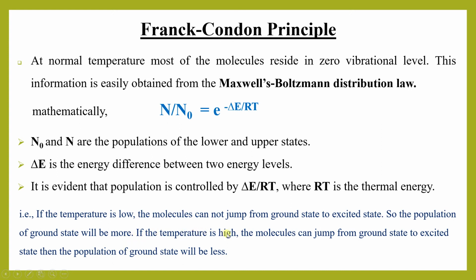If the temperature is high, the molecules can jump from the ground state to the excited state, then the population of the ground state will be less. So the ratio of population between ground state and excited state, the temperature, and the difference between the energy levels are the important factors governed by the Maxwell-Boltzmann distribution law.